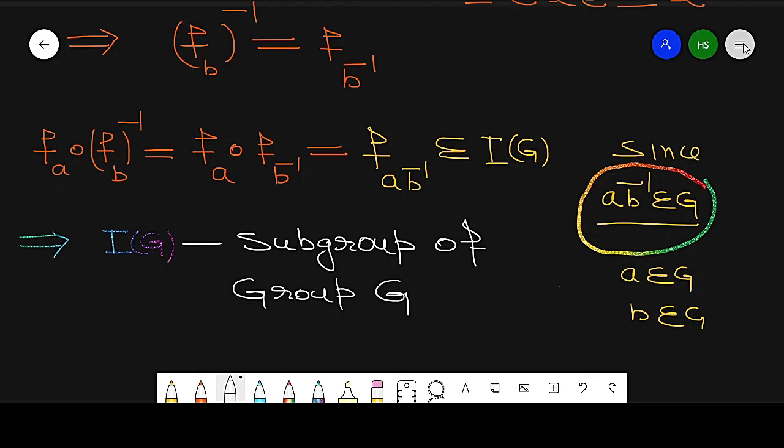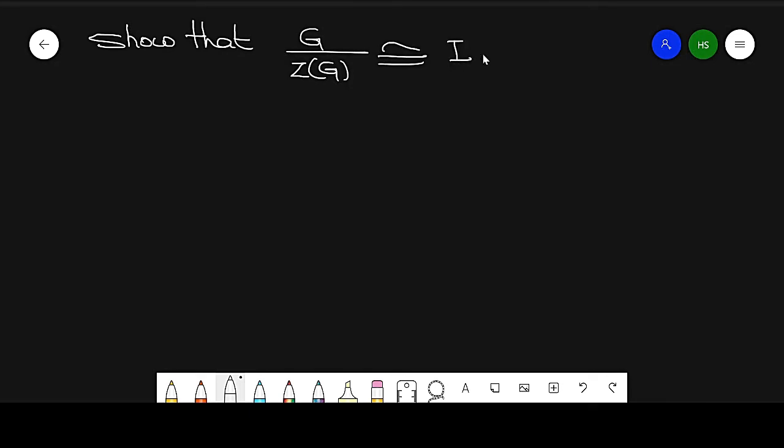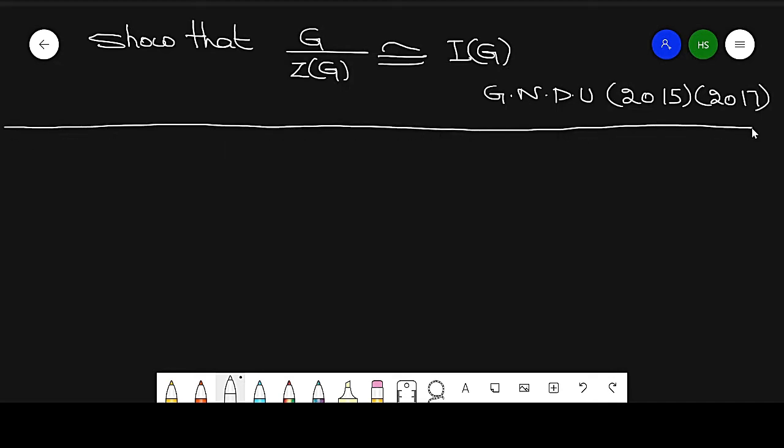Now after that, the next theorem, a very important theorem: show that G by center of G is isomorphic to inner of G, the set of inner automorphisms of G. This result was asked in GNDU 2015 and 2017. So this is my next theorem.